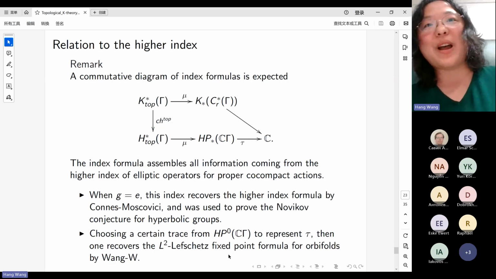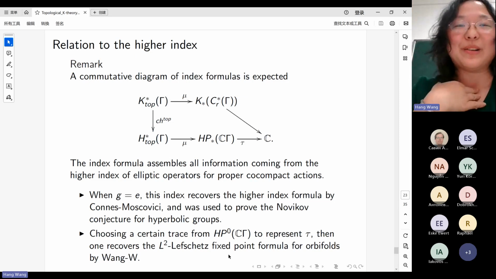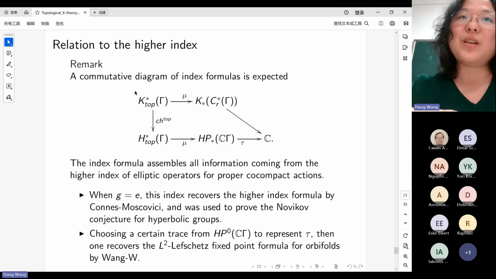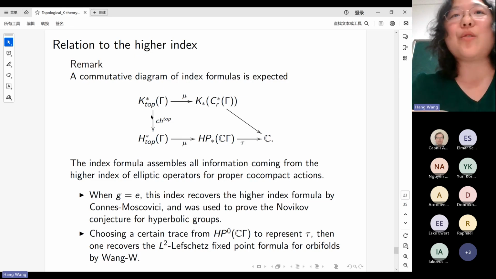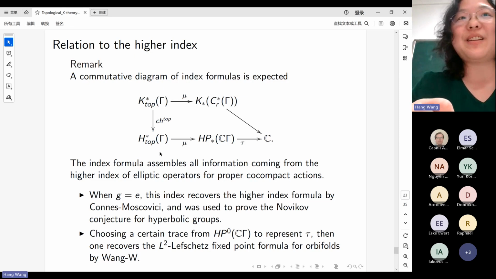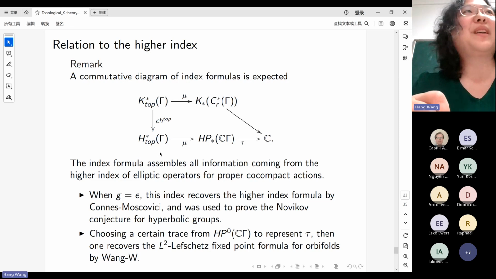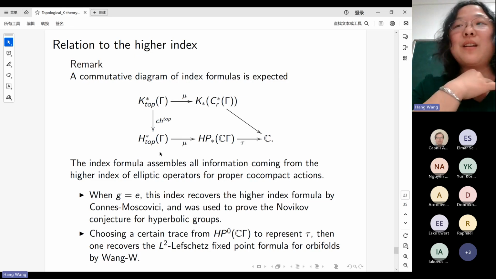I think that's all I want to say, but I want to add that all I talked about today is something local, because no matter the K-theory or the index formula we obtain from that, everything we obtained up to now is local. And that is basically because the setting of the index formula is for proper co-compact action.